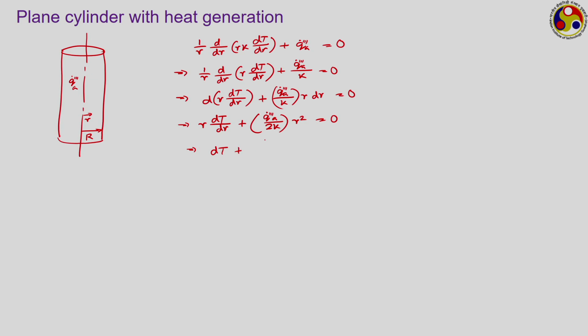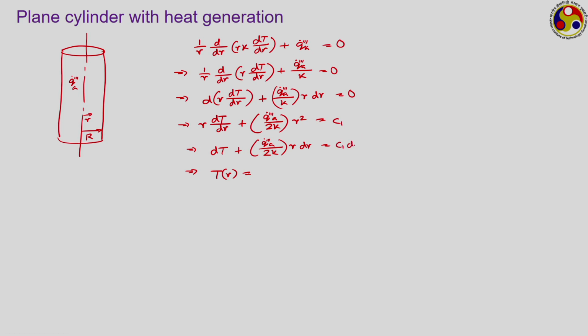So, we have dT plus q0 triple prime by twice k into R dr is equal to 0, which gives, after next integration, T R. Actually, after the first step of integration I should have got the constant of integration somewhere as C1.